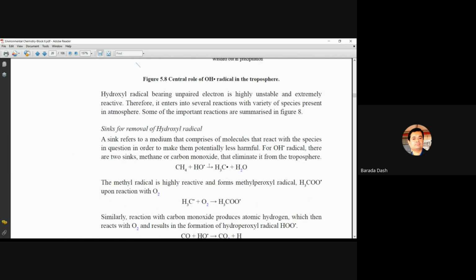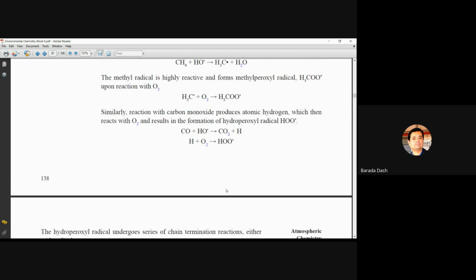Now, sinks for removal of hydroxyl: which reactions actually control the hydroxyl radical? If methane is there, that will terminate the hydroxyl radical, and it will form methyl radical and a water molecule. Then the CH3 radical combines with oxygen to produce the methyl peroxide radical.